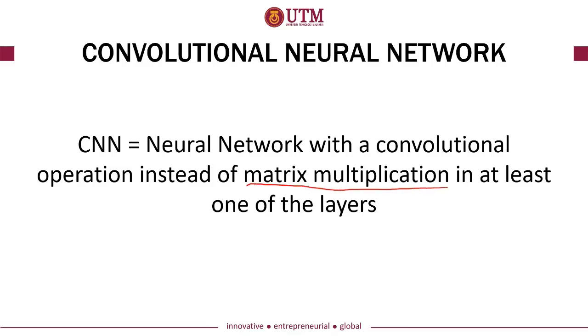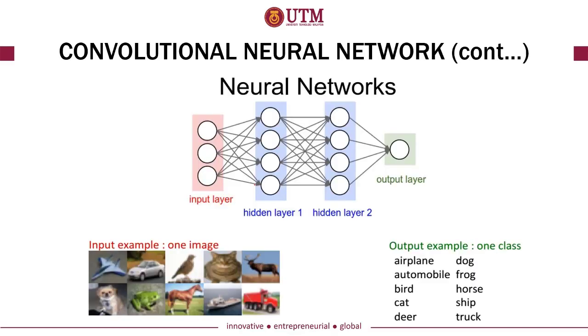We will get back to this discussion later. What is the difference between convolutional operations and matrix multiplication? In a convolutional neural network, the convolutional operation replaces the matrix multiplication in implementing the neural network itself.